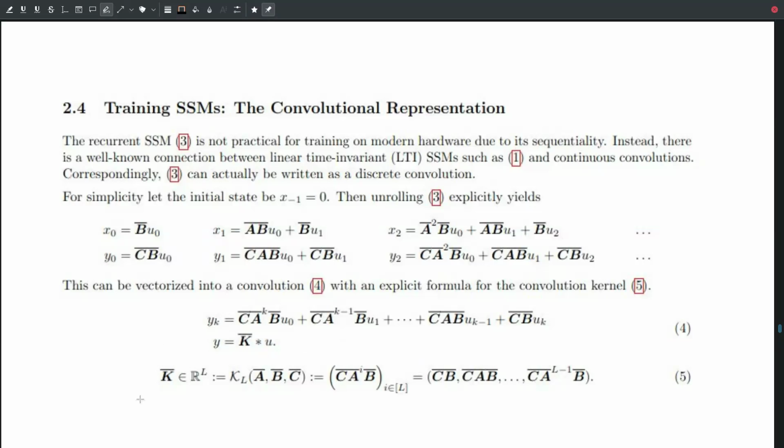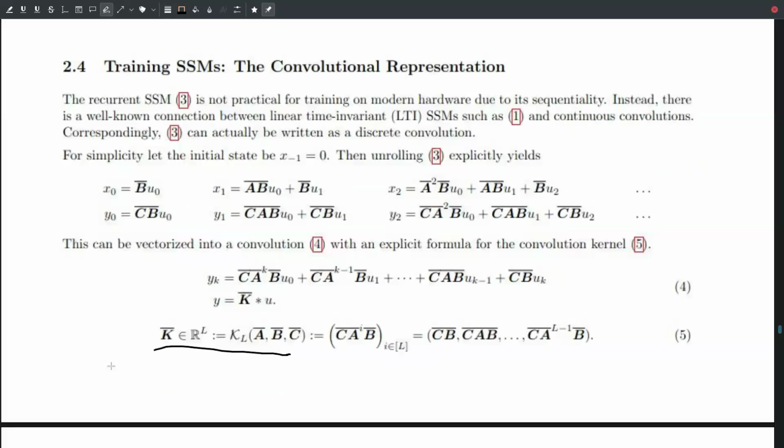So this is the kernel, and y equals the kernel applied to x. This is the kernelized version. There are two sides coming from this: either the recurrent one or the convolution one.